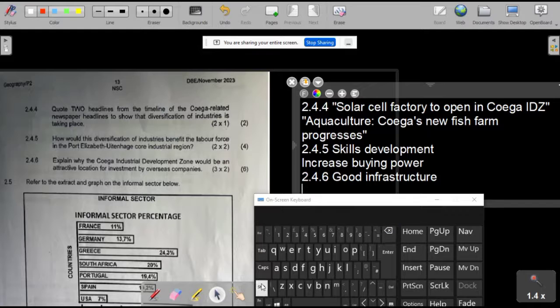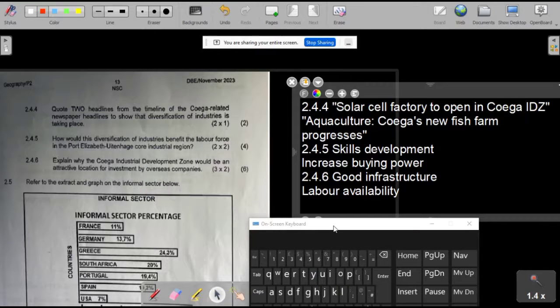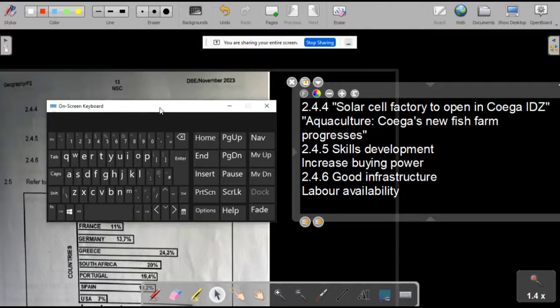You can talk about labor availability, guys. There are many people out there who are willing to work, but the disadvantage is usually that they are not skilled.